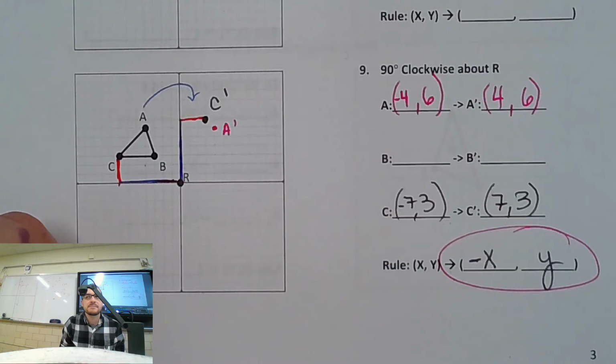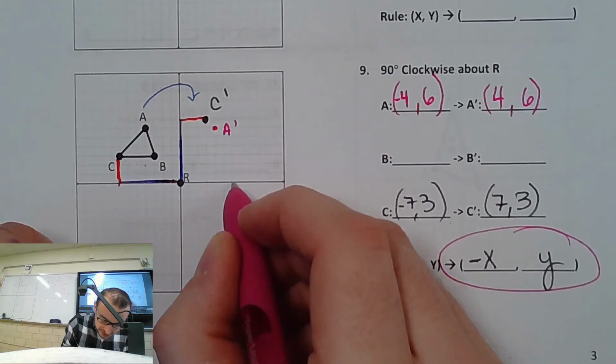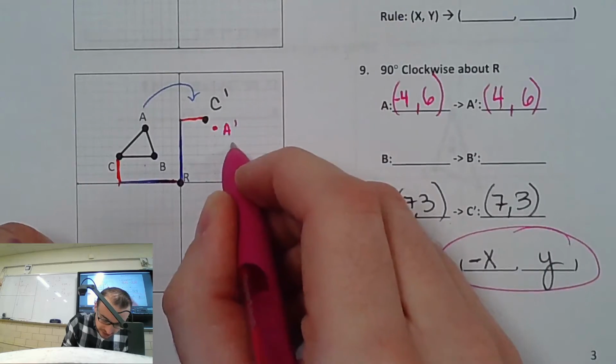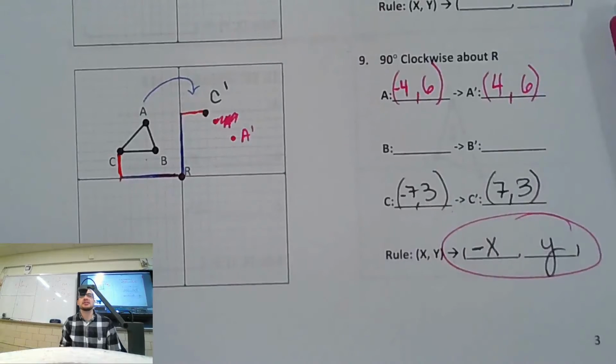Over 1, 2, 3, 4, 5, 6, and up 4. Something like that, right? A prime? Why? That's a great question. That's the only question. Sorry, guys. What's the rule? The actual coordinate, is it 4, 6, or is it supposed to be 6, 4?